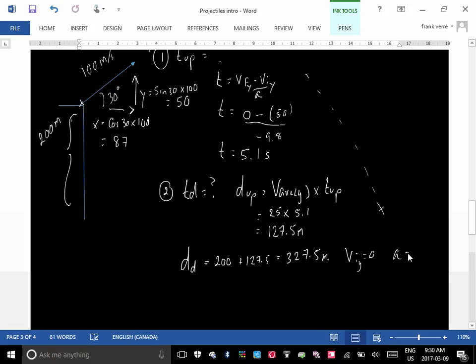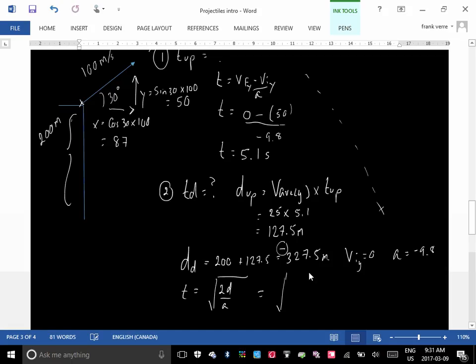And we know the acceleration due to gravity is negative 9.8. So remember, we could use this equation to figure out time. So here's the thing. This is the distance down, so this actually should be a negative value, but they're going to cancel out. So the time to go down is a function of the square root of 2d over a.